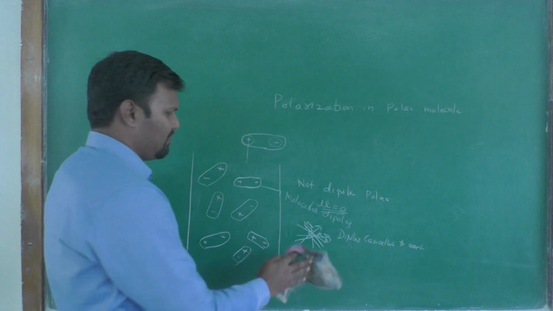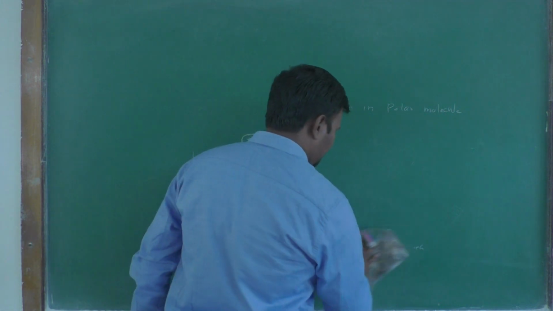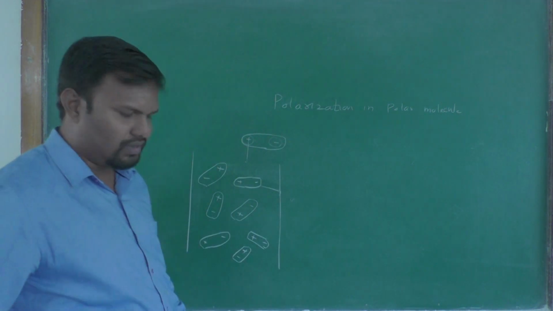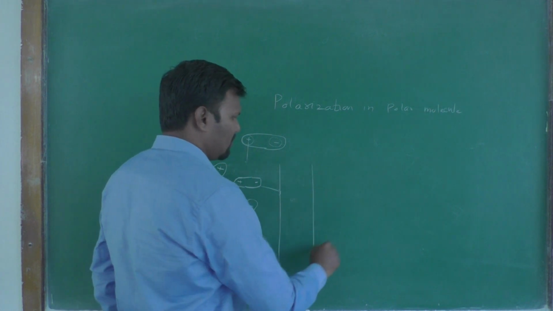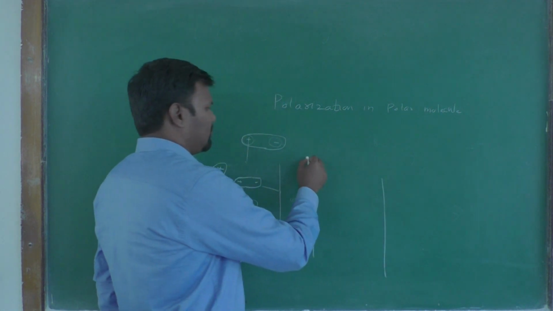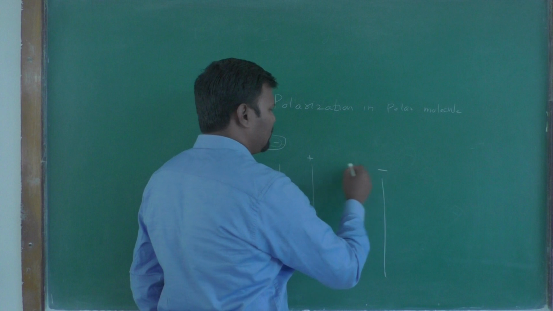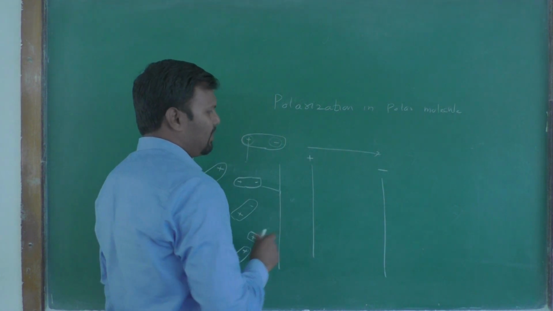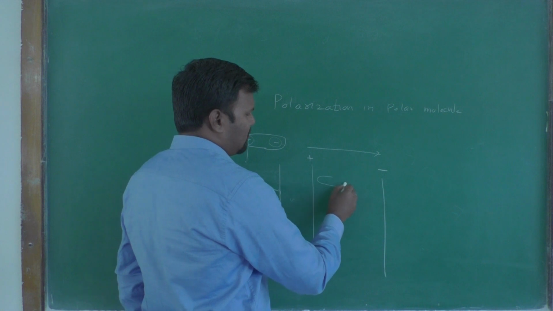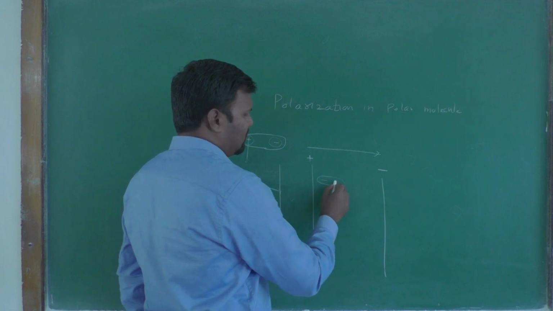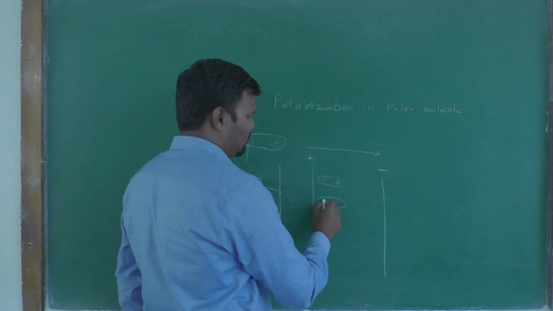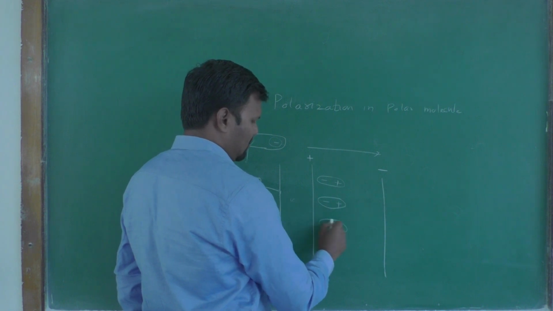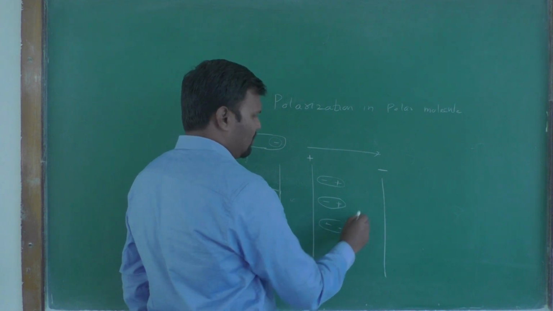But when we apply the electric field, at one side there is positive and the other negative, and we show the electric field from positive to the negative direction, and our expectation is that the molecule should orient like that.